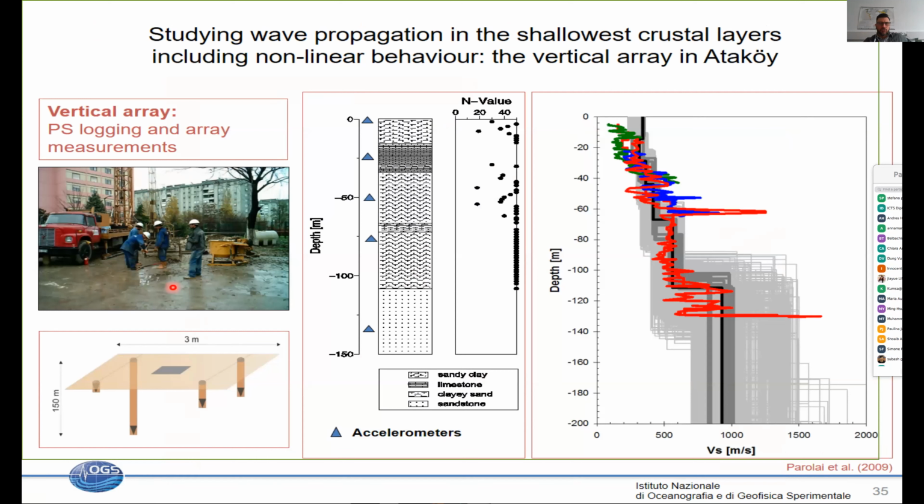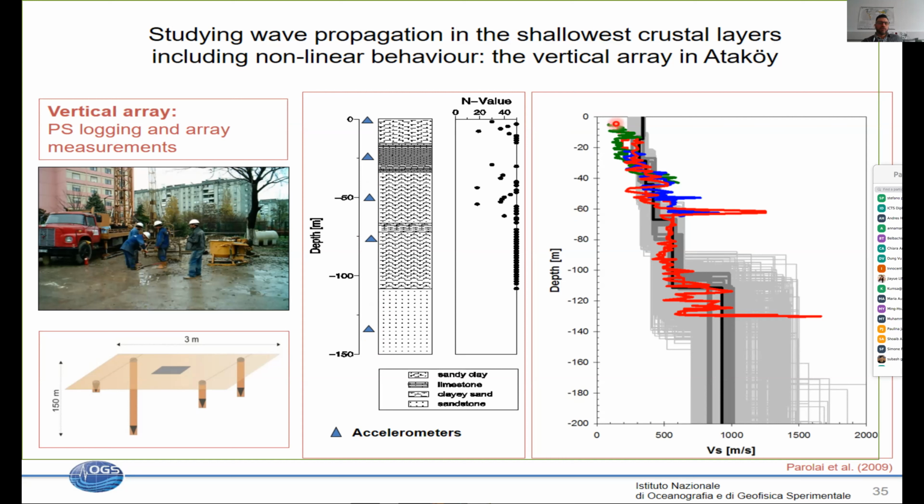And we also installed instruments in different boreholes with different depths. The deepest one was at 150 meters. These are the positions of the instruments in the borehole. You see around 25, 50, 75, and 145 meters depth.